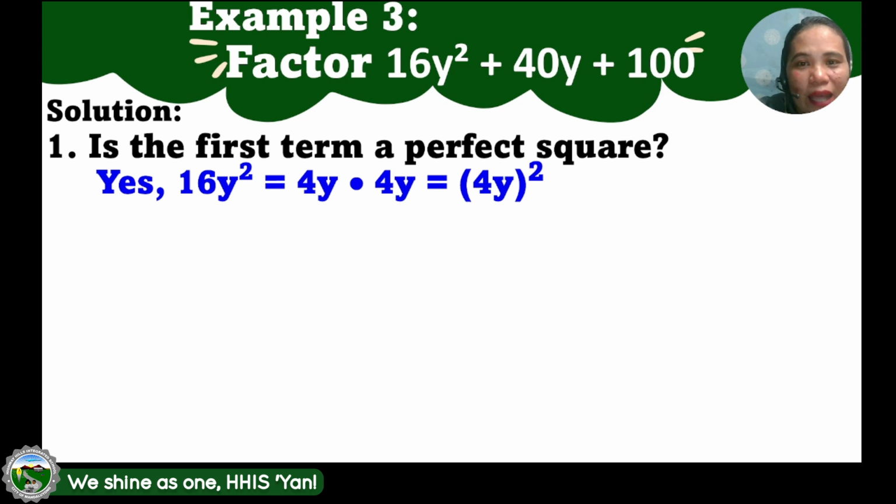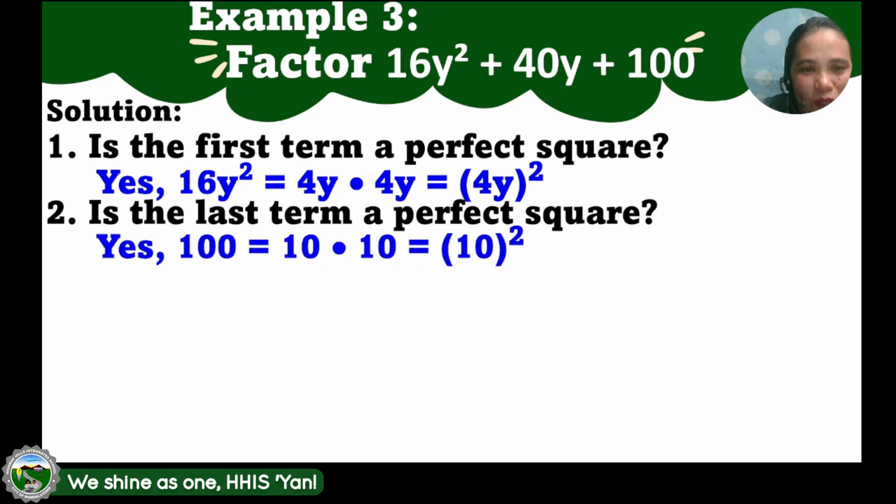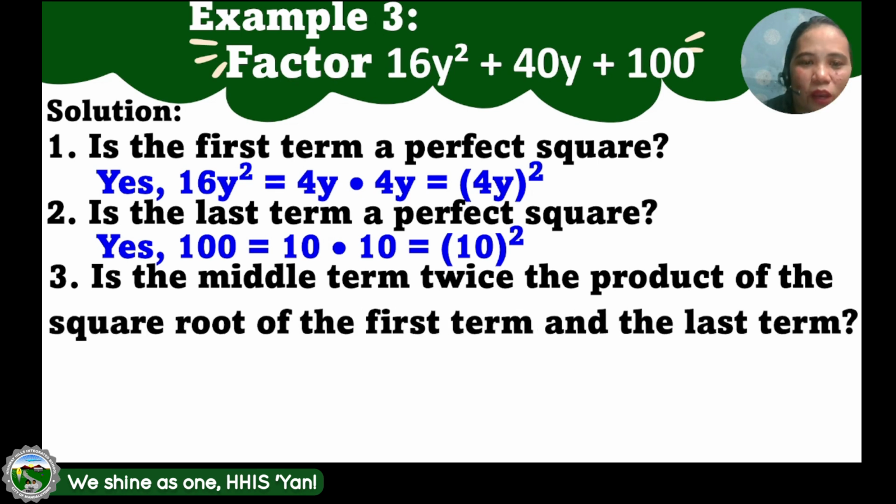What about the last term? Is 100 a perfect square? Yes, because 100 is derived from multiplying 10 times 10, which is also equal to the square of 10. What about the middle term? Is the middle term twice the product of the square root of the first term and the last term?